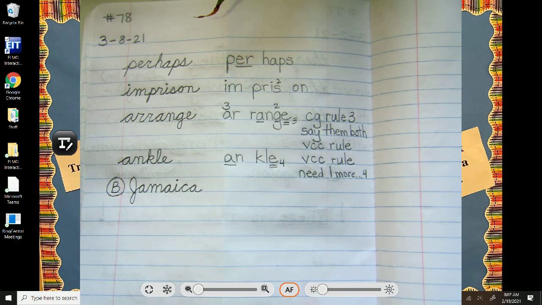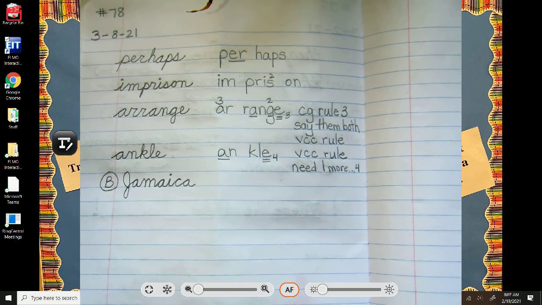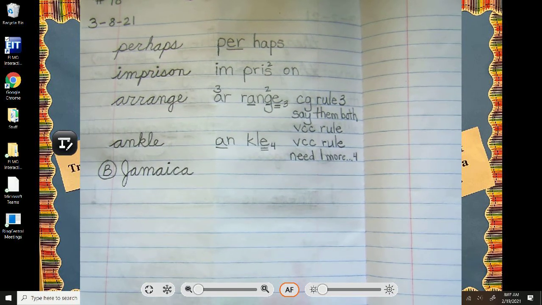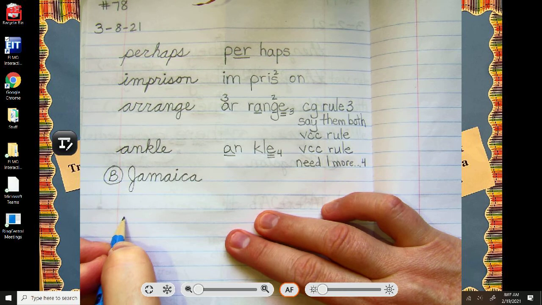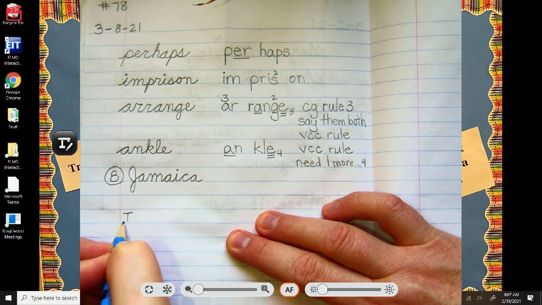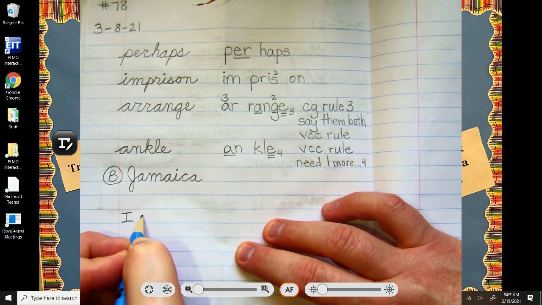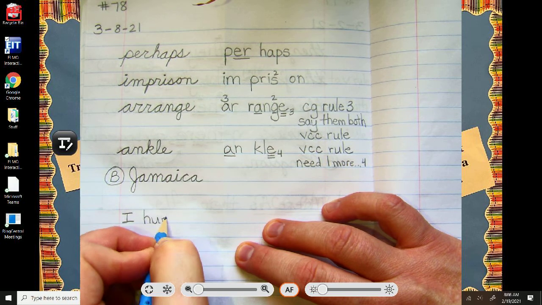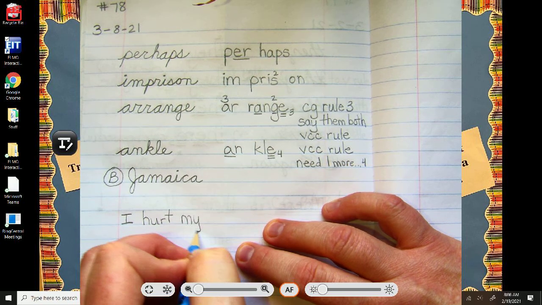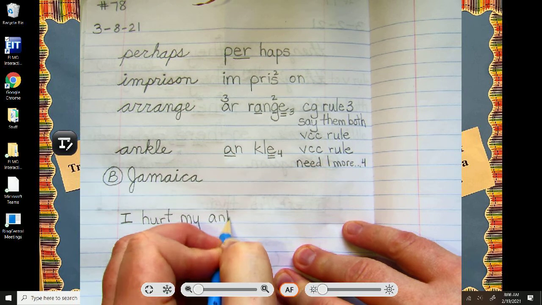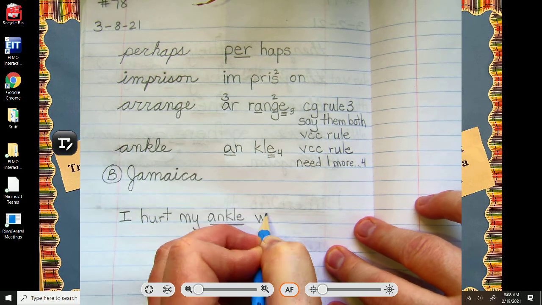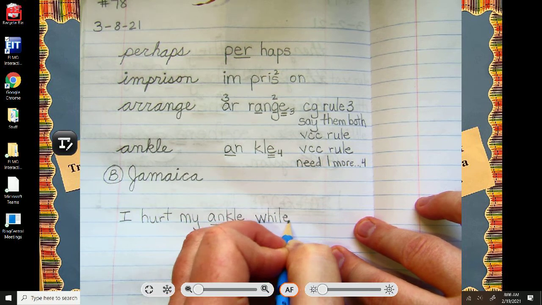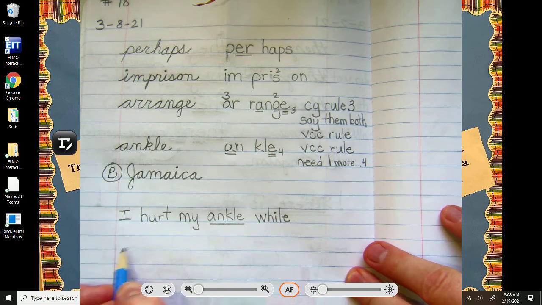Then, scholars, if you would like to, in this extra space at the bottom, remember this is optional enrichment, you could finish this sentence starter. I hurt my ankle while, and then you could finish that, right?